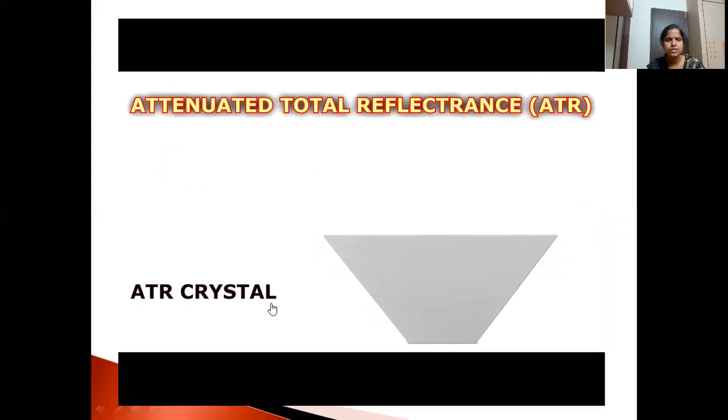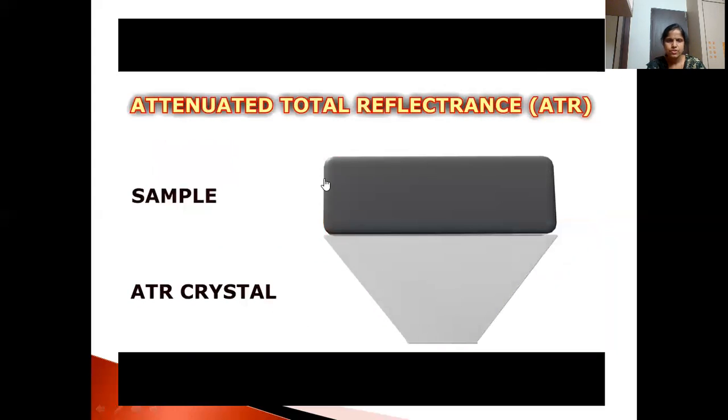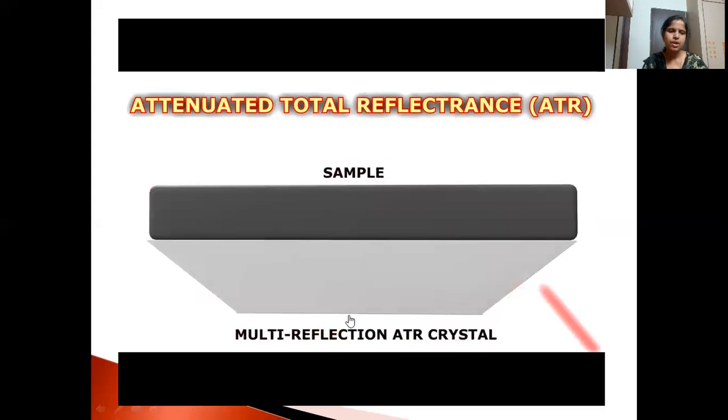ATR stands for attenuated total reflectance, on which the sample is placed and then the IR source is irradiated onto the sample. When the light falls on the sample, a little bit of absorption takes place and the remaining gets reflected back. This reflected light is recorded as the spectrum. Instead of a single ATR, we also have multi-reflection ATR crystals, where we can see multiple internal reflections, not only one.